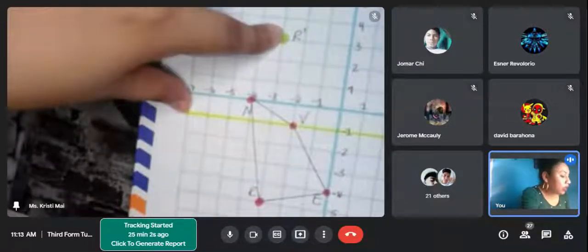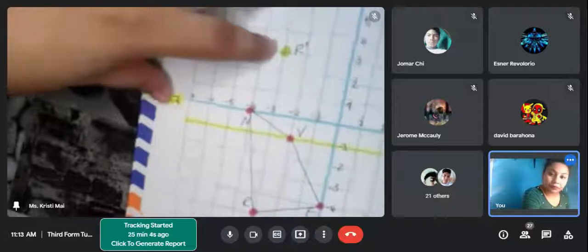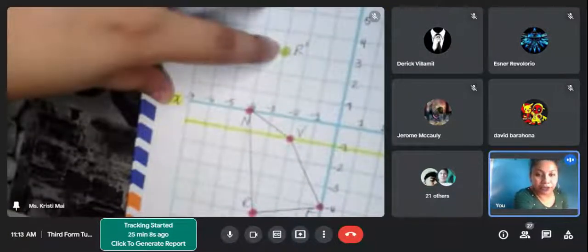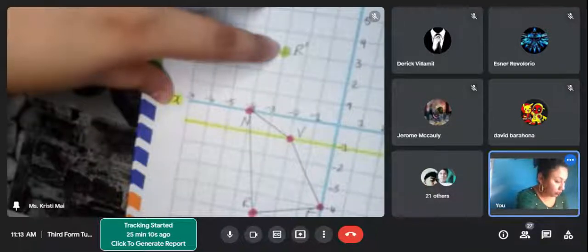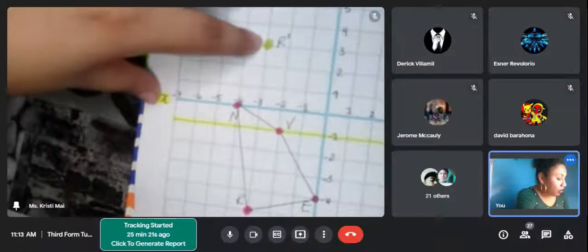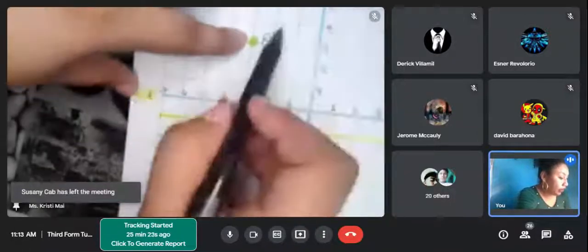Yes, miss. So now what point is this? What is the ordered pair for this point? Negative 3, 4. Look at it carefully. This is here, right?